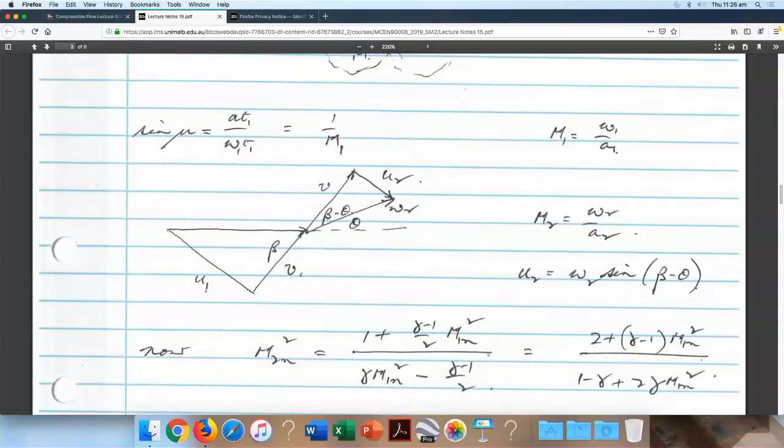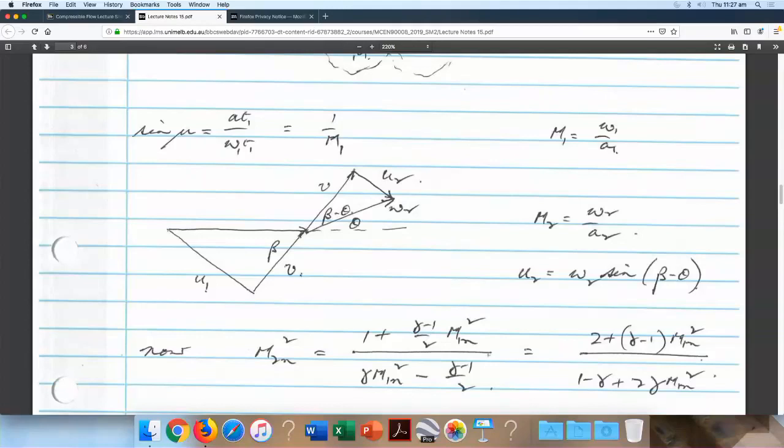So I want to work out something about beta and theta, or theta as a function of beta and M1, which is W1 over A1. So here's a picture of it. This is the oblique shock here.